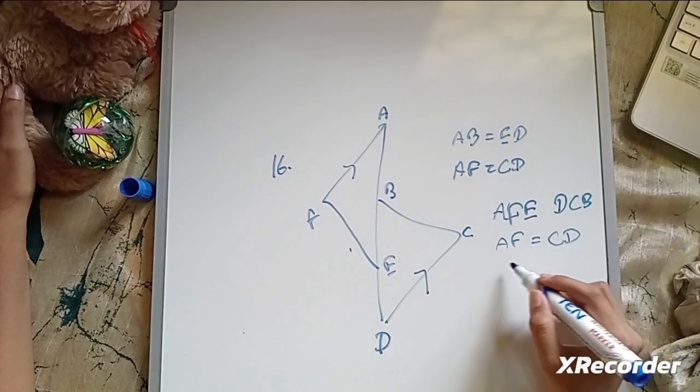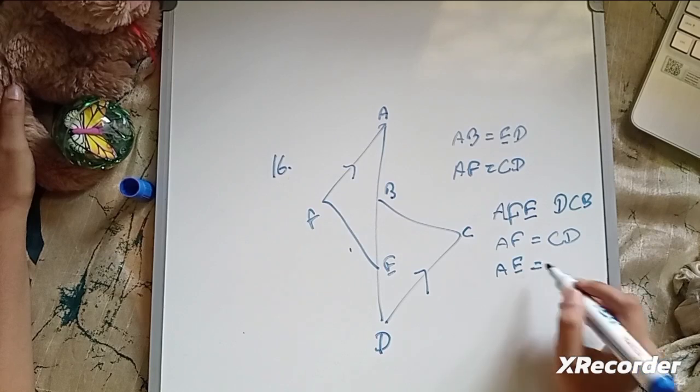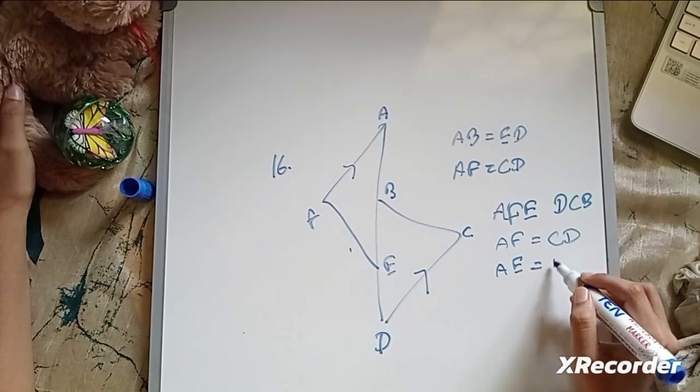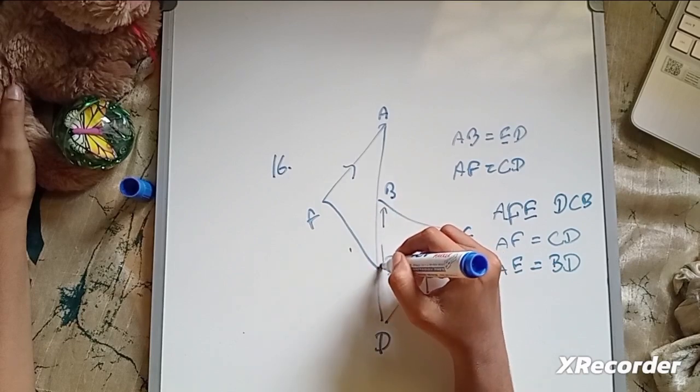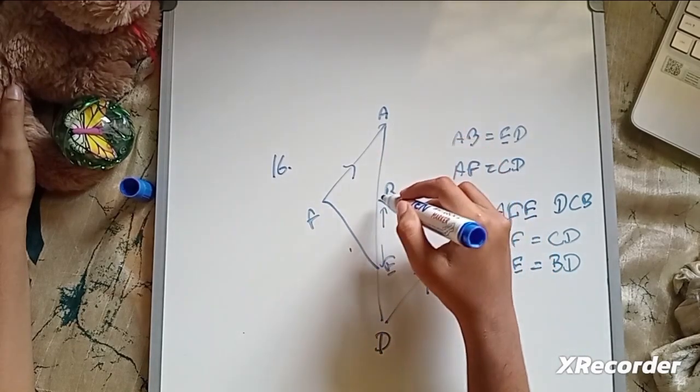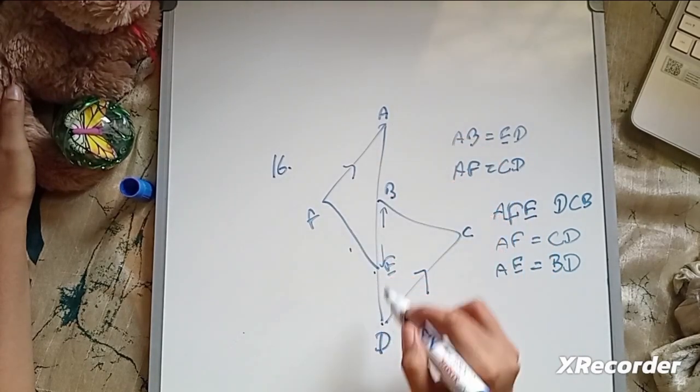Also you can say AE equals BD, since this part is common, so you know that AB equals ED.